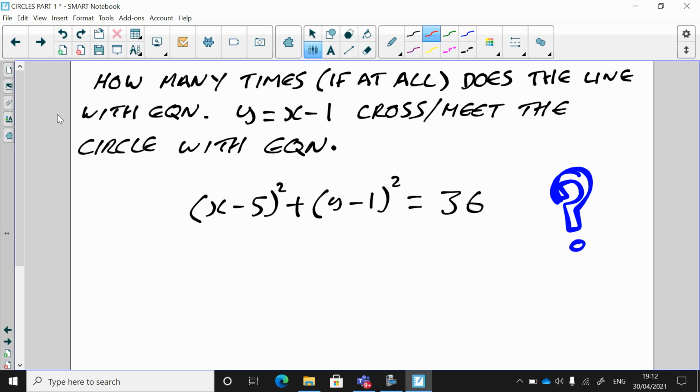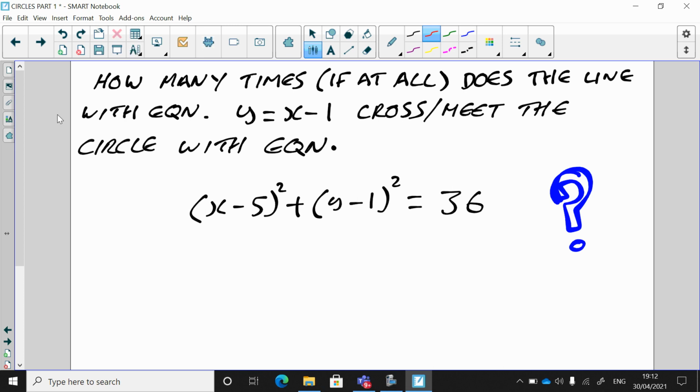But read the question. It's only saying how many times. They don't care about the points of contact. They just want to know, does it meet it? Not at all, on one occasion, or twice. That's all they care about. So that's how we're going to approach this question.